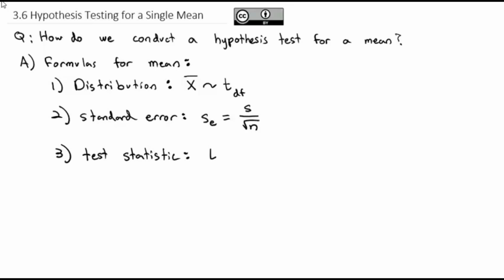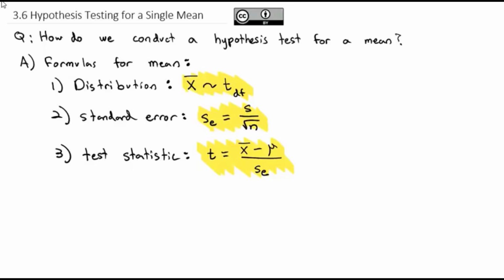And our test statistic is going to be t equal to the difference between the mean of the sample and the hypothesized mean divided by the standard error. So these are the three pieces that will help us find the p-value to conduct our hypothesis test.